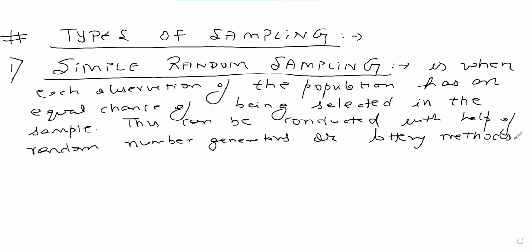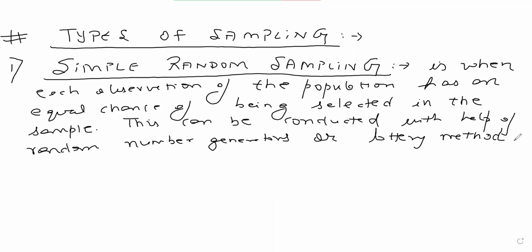The lottery method is a very famous method where all candidates write their names on chits of paper, and suppose I have to call out prizes, then what I do is I simply close my eyes, I mix the chits of paper in a jar, and I randomly call out names for prizes. So basically, if I sum up, simple random sampling is that method of sampling where each item of the population has an equal chance of being selected.